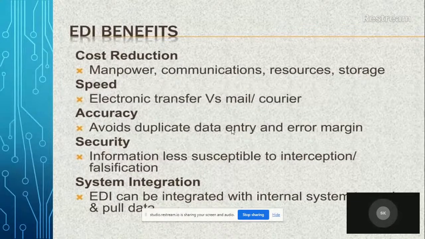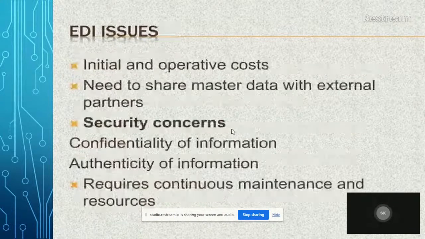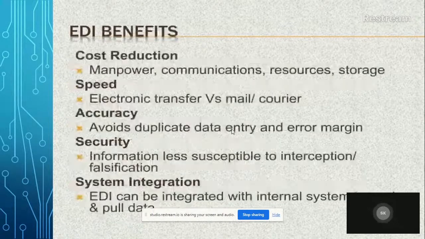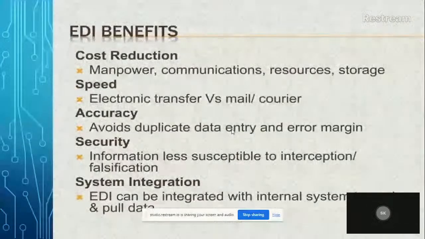Security means information is less susceptible to interception and falsification, and system integration means EDI can be integrated with internal systems to push and pull data. So the benefits are cost reduction, speed, accuracy, security, and system integration.